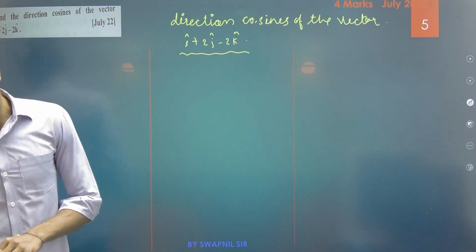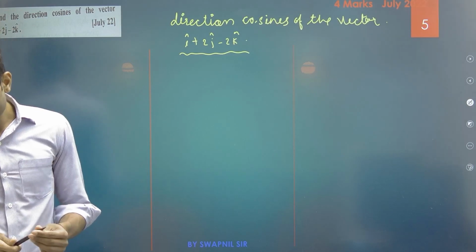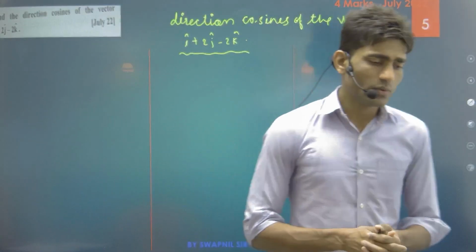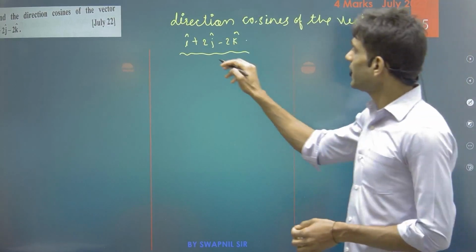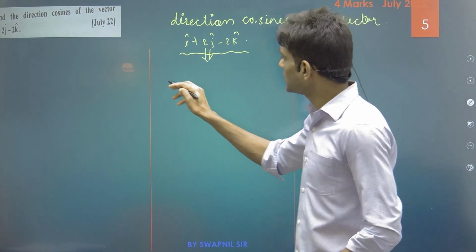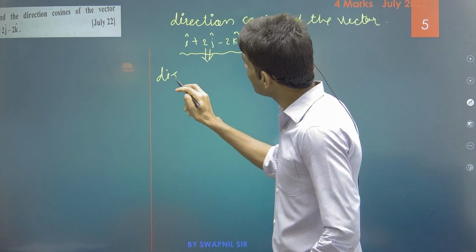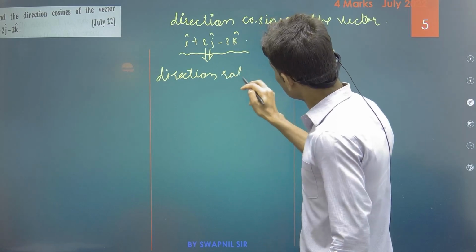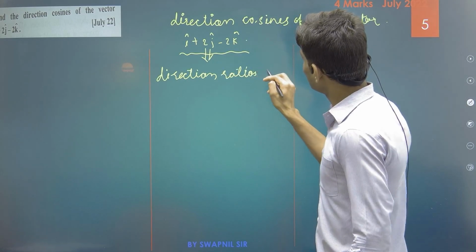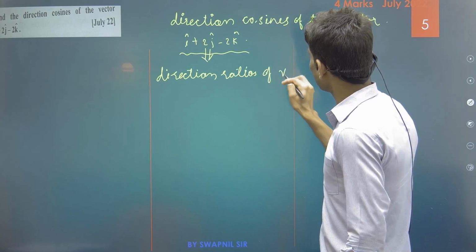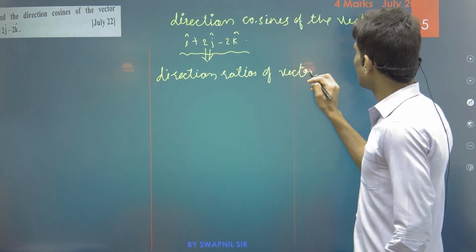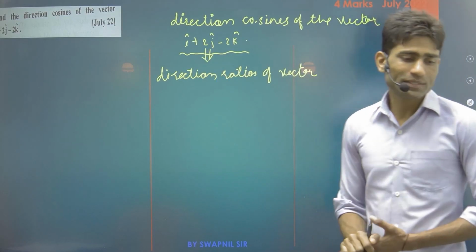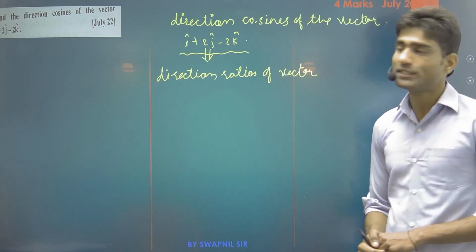Now what we do here, first of all, we define the direction ratios for our vector using our given vector. The direction ratios of the given vector are the first coefficient of i cap, the second coefficient of j cap, and the third coefficient of k cap.